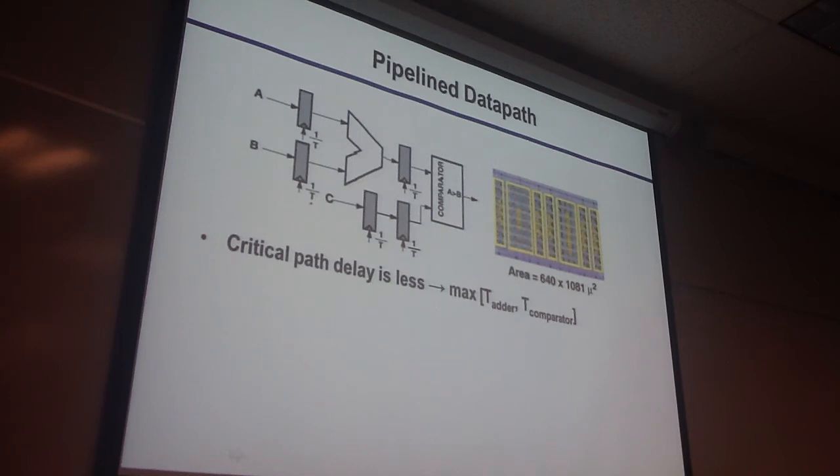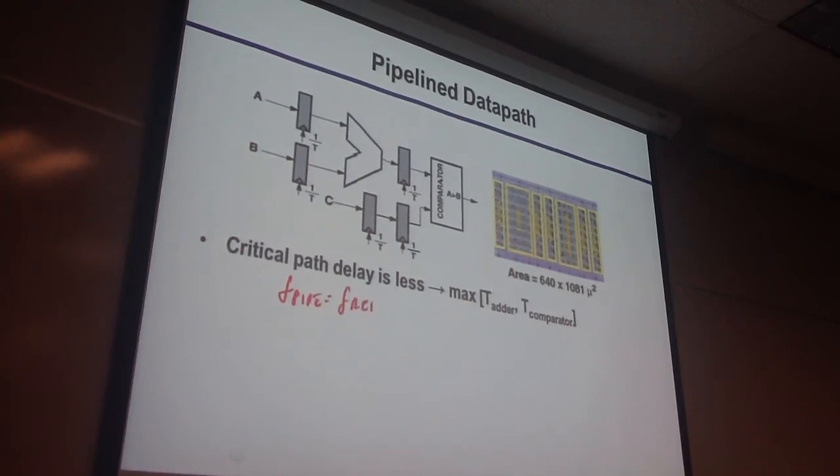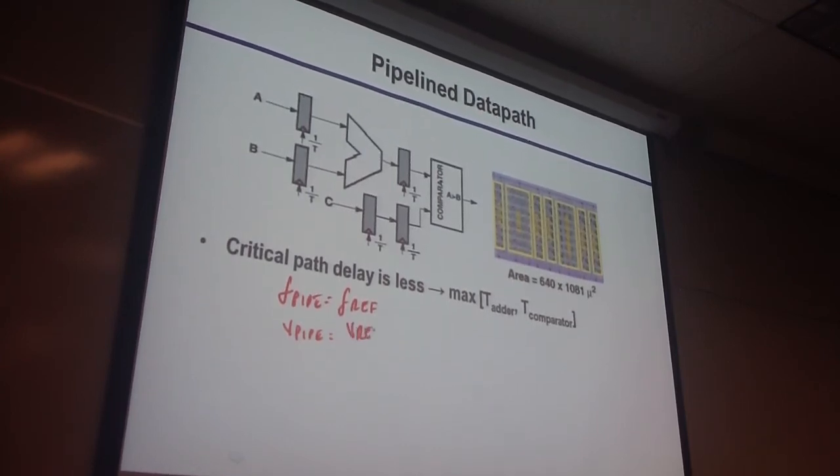Here, however, we're keeping the same clock cycle. We get the same throughput. So F pipe is equal to F ref. V pipe: now because this one has more time, I can decrease the supply voltage by 1.7 roughly.